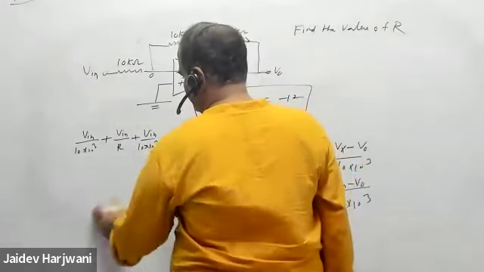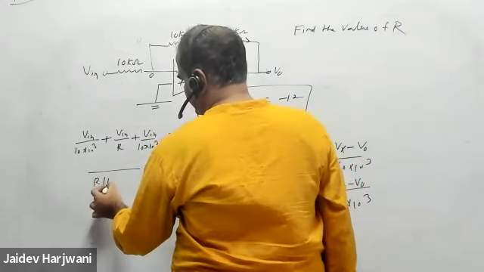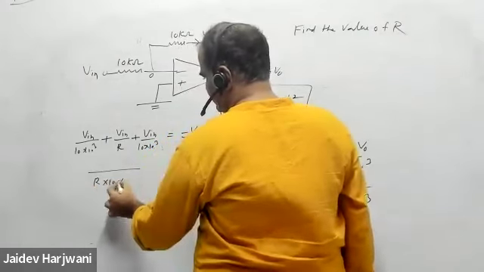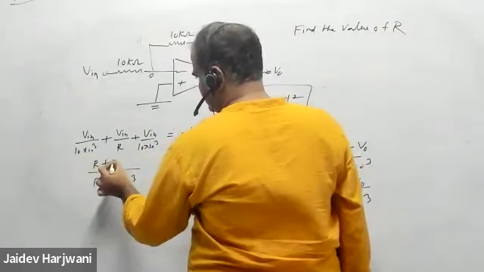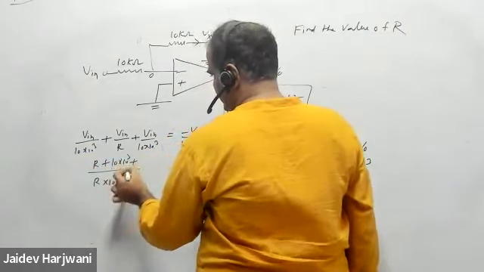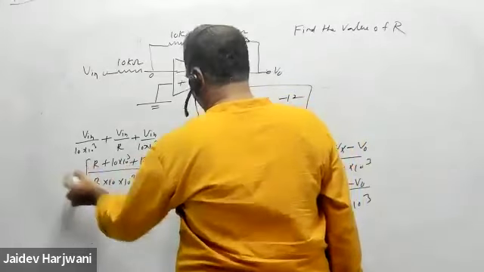Now you can take common this one, R into 10 kilo ohm. 10 kilo ohm is common. So this will become only R. This is 10 kilo ohm plus here R. V input is common.